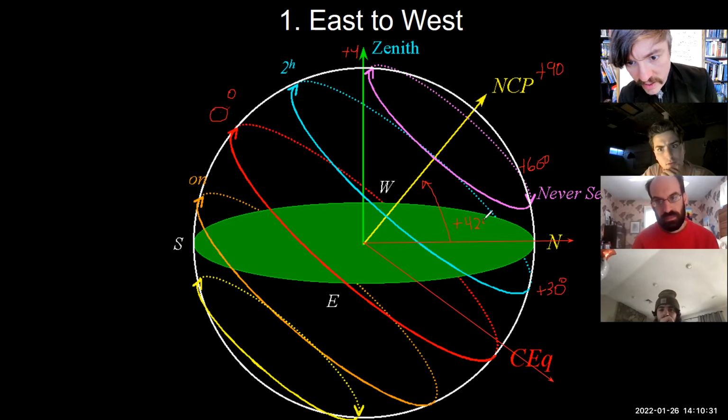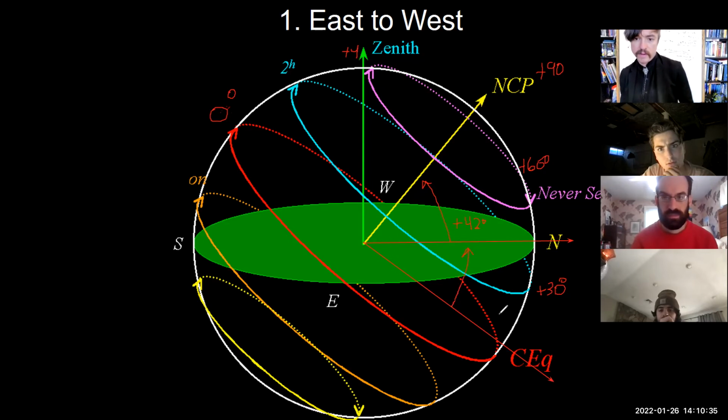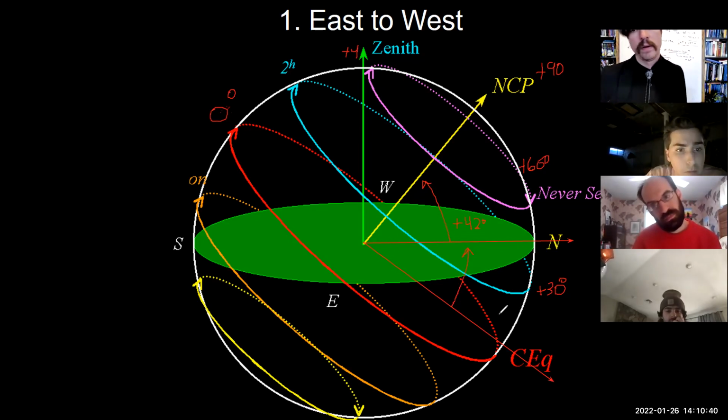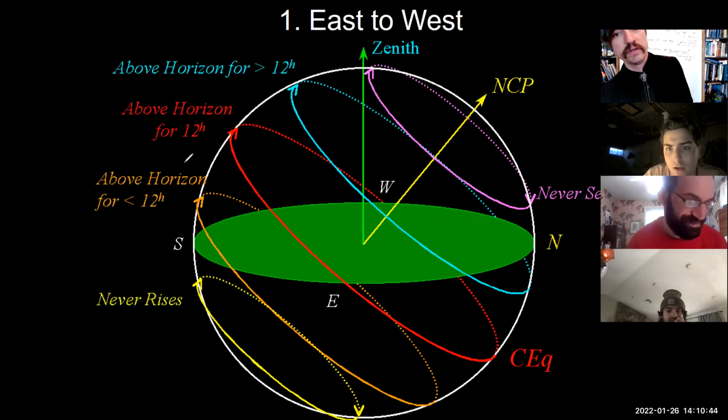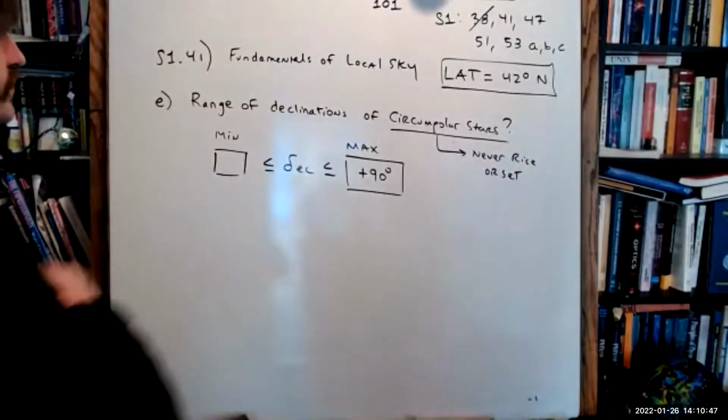So what should the declination of your northern horizon be? 48. Good. That's the range of declinations.